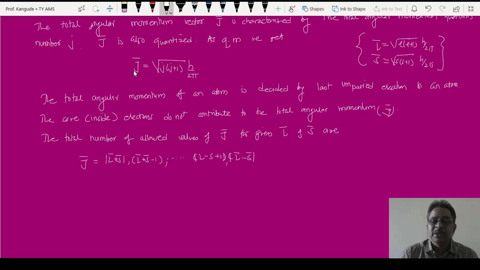So add them and subtract them. In between, all quantum values are allowed. So that is the value of J bar. For example, if I have capital L equal to 3 and capital S equal to 3 by 2.